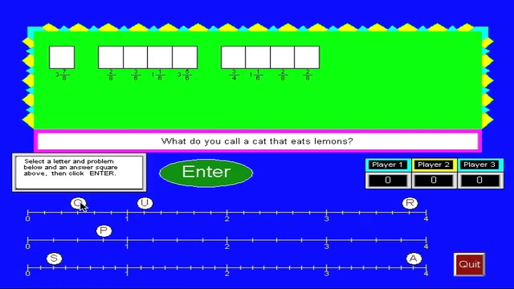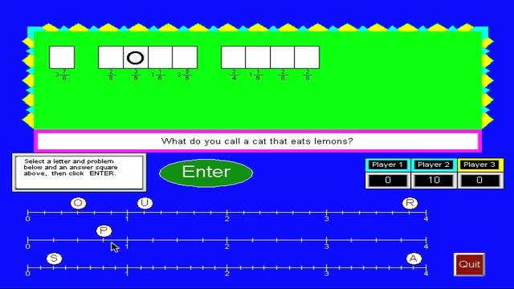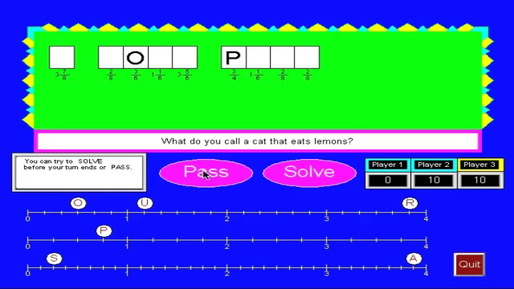Okay, so for example here, O is at 3/6, so O goes there, and P is at 3/4, so P goes there, and so on.